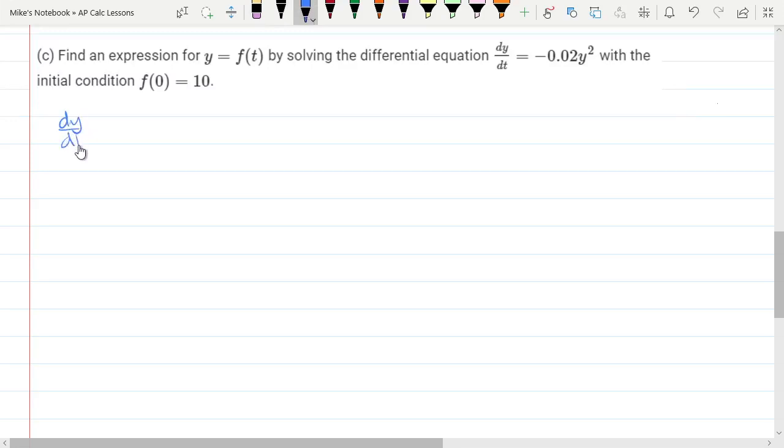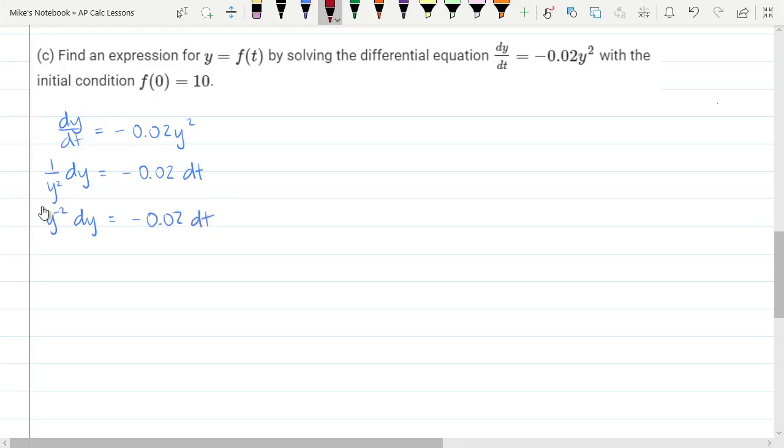So dy dt equals negative 0.02 y squared. To separate, we're going to multiply both sides by 1 over y squared and a dt. So I get 1 over y squared dy equals negative 0.02 dt. On the left side, this is actually a y to the negative second dy and a negative 0.02 dt.